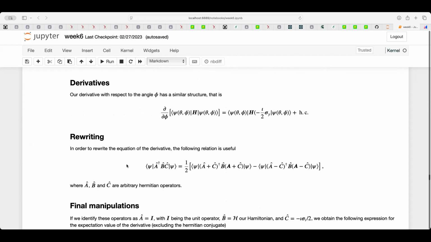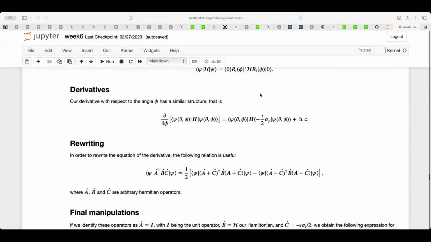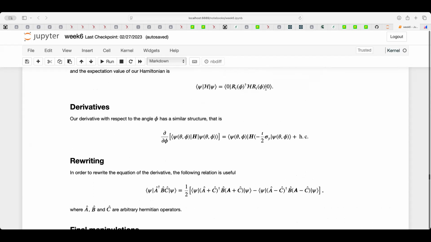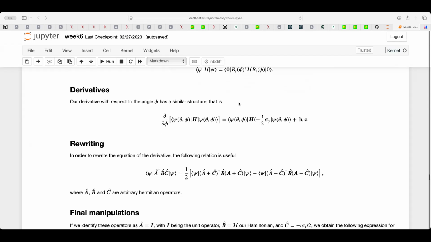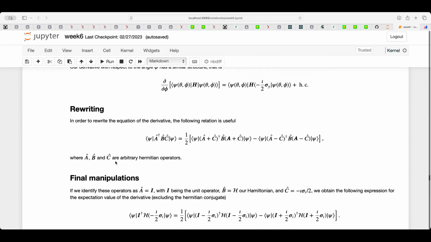Then there is an expression which is very handy. Because you see now that your expectation value involves three operators, you can rewrite them as operators A, B, and C, where this one is just the Hermitian conjugate of C. And this is the expression which you then get. And A, B, and C, in this case, are arbitrary Hermitian operators.